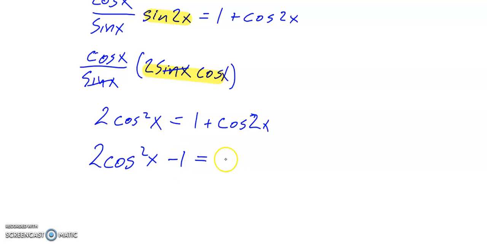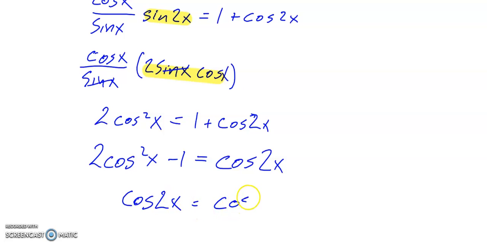I know normally we don't like to, but watch what's going to happen. If you look at your double angle identities, 2 cosine squared a minus 1 is cosine 2a. So then we get cosine 2x equals cosine 2x. I have proved that identity.